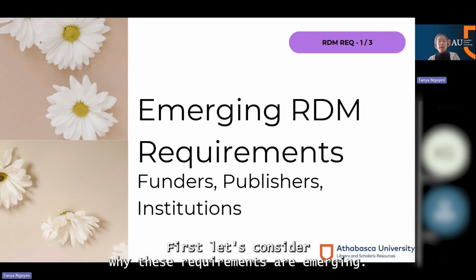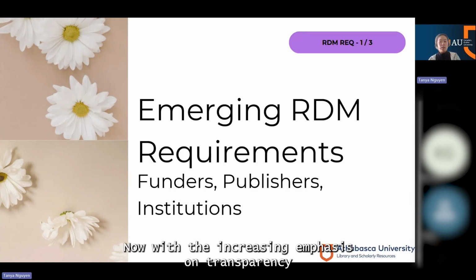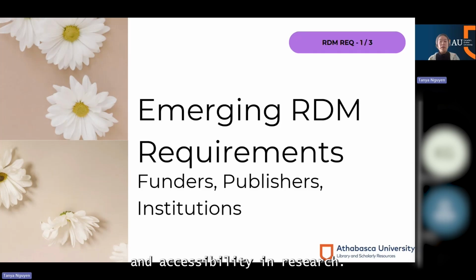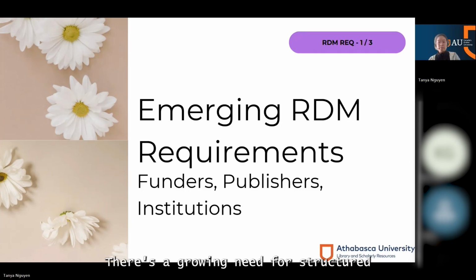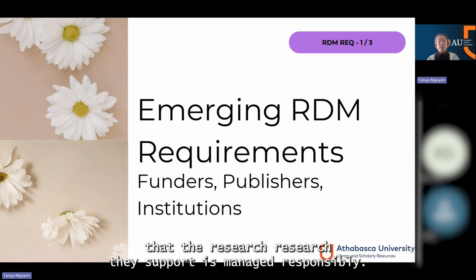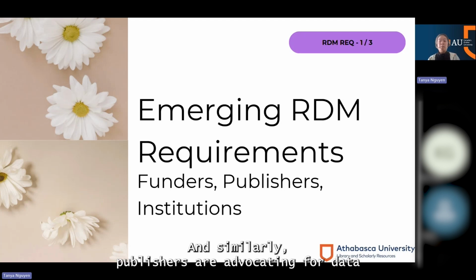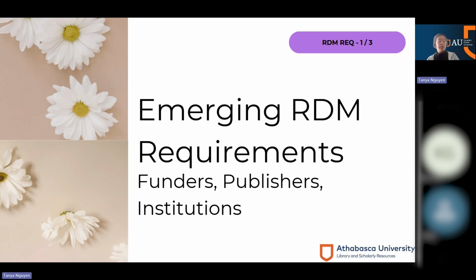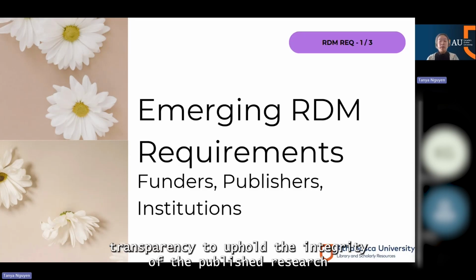First, let's consider why these requirements are emerging now. With the increasing emphasis on transparency and accessibility in research, there's a growing need for structured and compliant data management practices. So funders, they're looking for assurance that the research they support is managed responsibly. And similarly, publishers are advocating for data transparency to uphold the integrity of the published research.